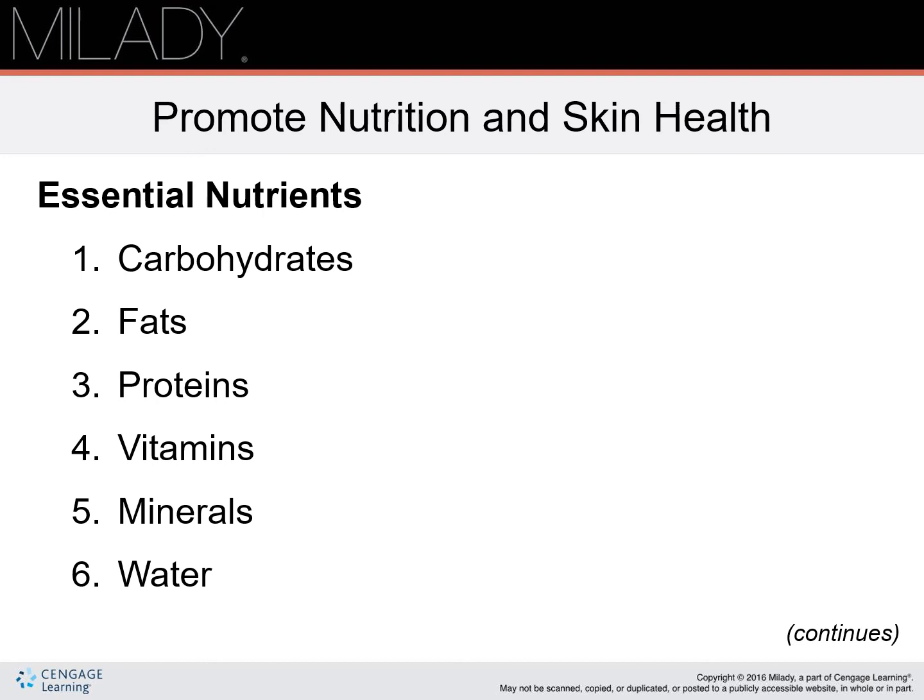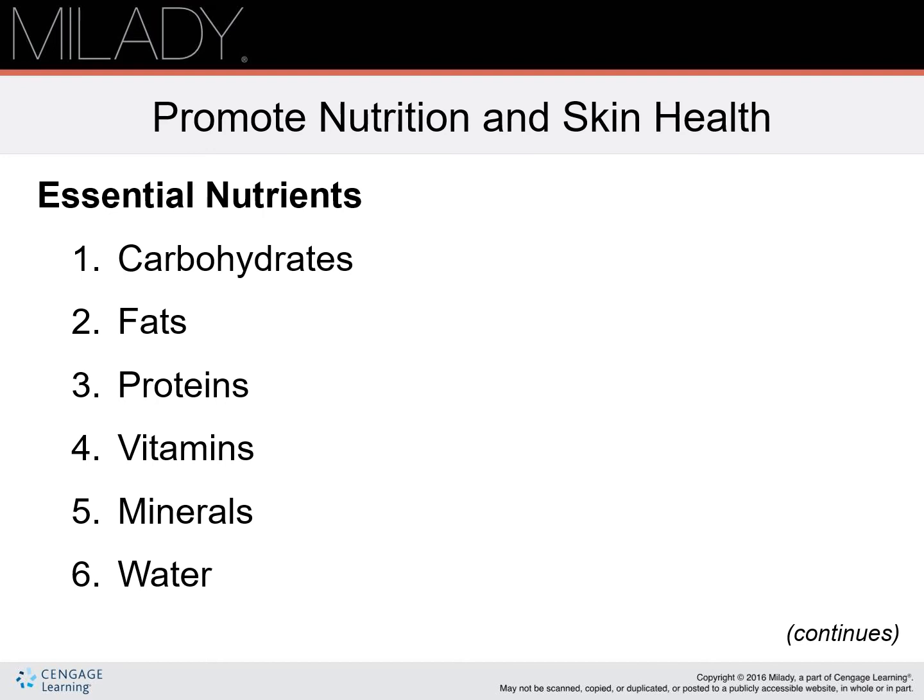Although too many carbohydrates are bad for you, we need carbohydrates for energy. Fats are needed for many of the body functions, including hormones, sebum production, absorption of fat soluble vitamins A, D, E, and K, which we're going to talk about a little bit later.